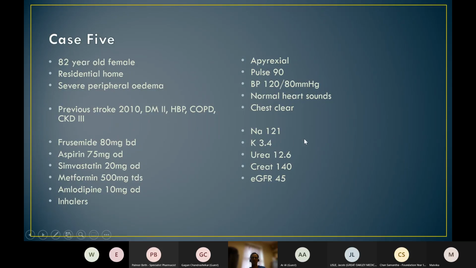So Samantha is saying sodium is low, probably indicating fluid overload. But isn't the sodium low because the furosemide's done it? Bit of both.